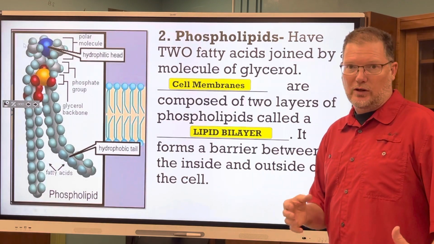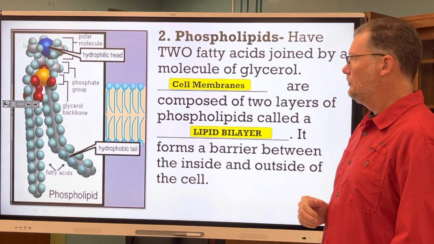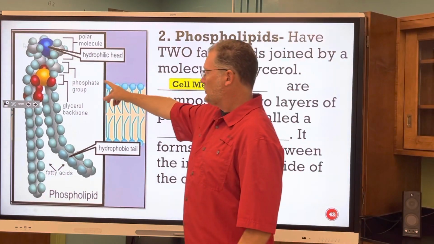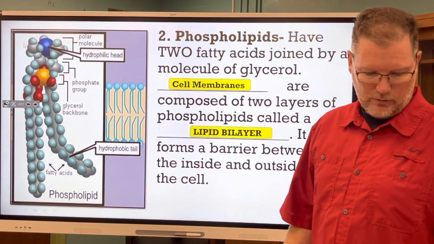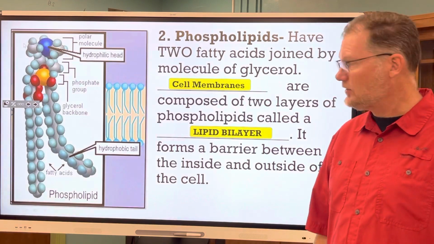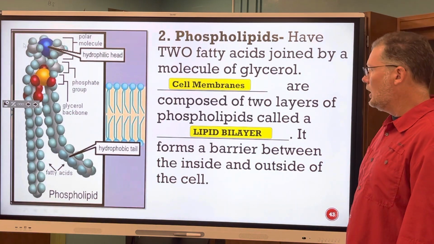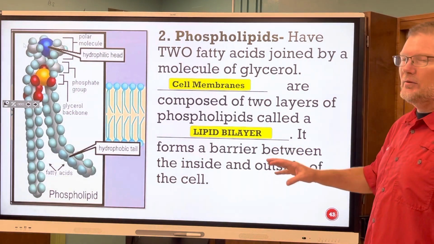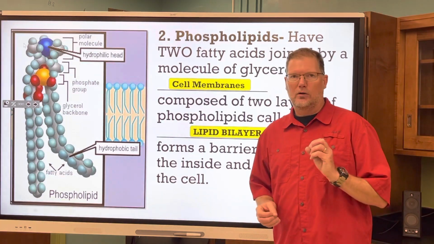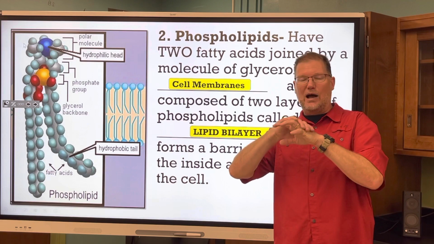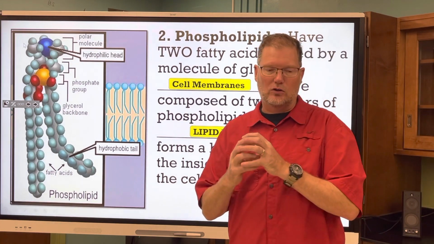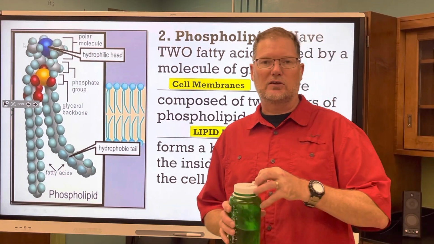But now we're going to say phospholipid bilayer, because there's a phosphate group in there as well. Phosphate is phosphorus, P on the periodic table of elements. And that forms the barrier, like I said before, for the inside of the cell in here versus the outside of the cell, and protecting all of the things that are going on inside the cell.